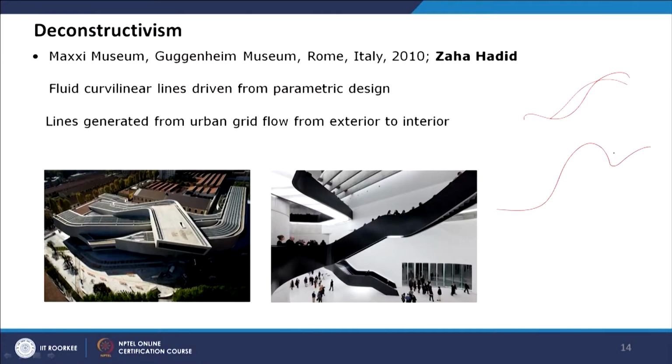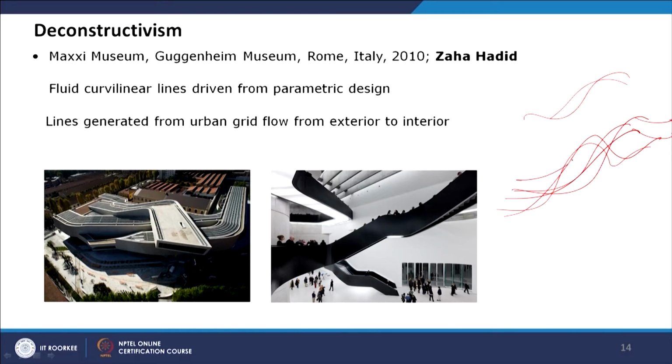So it's mostly parametric architecture. In parametric architecture, the mathematical parameters are driven first, and then all these lines are created through mathematical formulas, and through these lines the design is evolved.